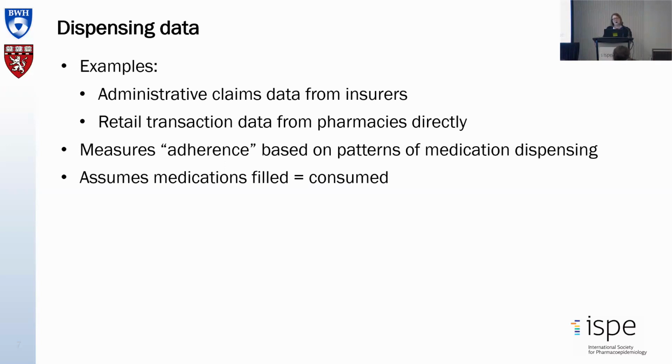I also mean sometimes, with different caveats that we probably won't be able to get into today, retail transaction data, sometimes from pharmacies directly. Say, for example, you can actually work with a pharmacy and get their transactional data as opposed to relying on the insurer data. There's different trade-offs, but the whole idea is basically that you're getting these refill patterns, regardless of what the exact setting is. And so you're measuring adherence based on these patterns.